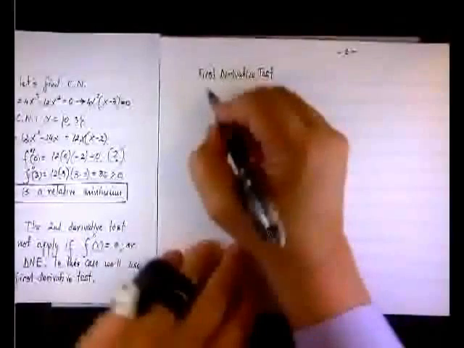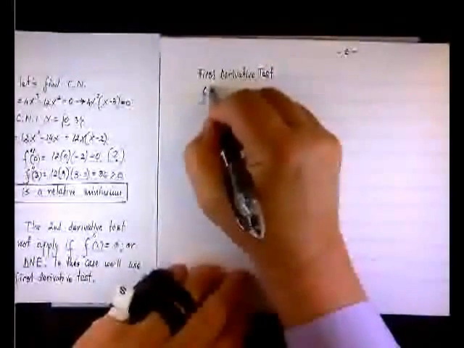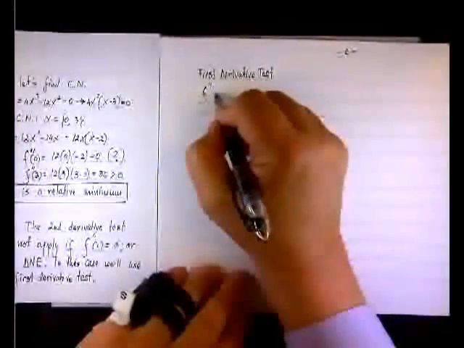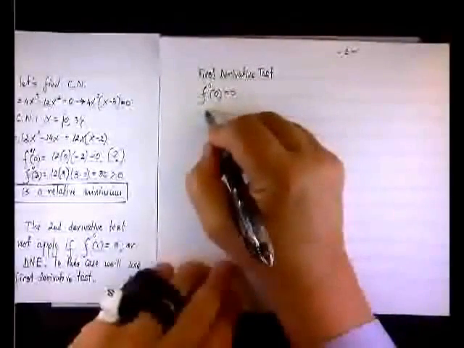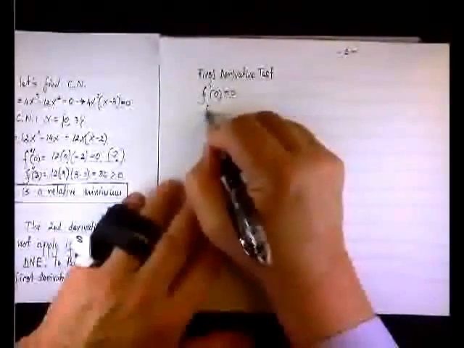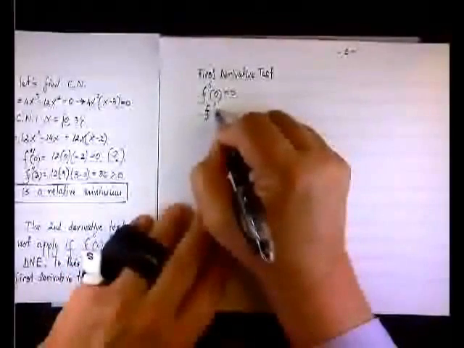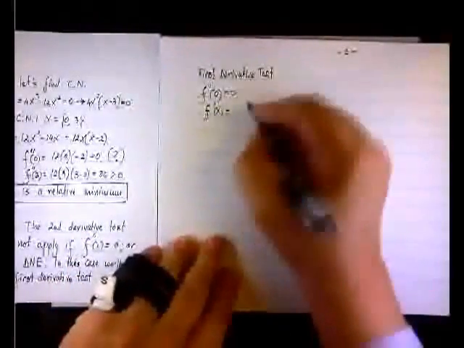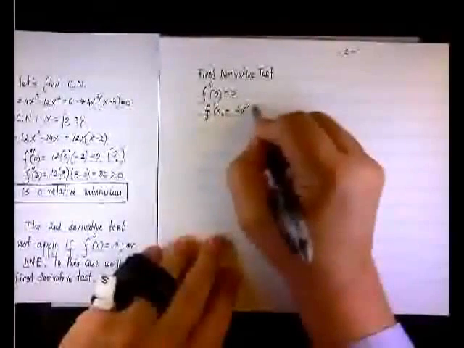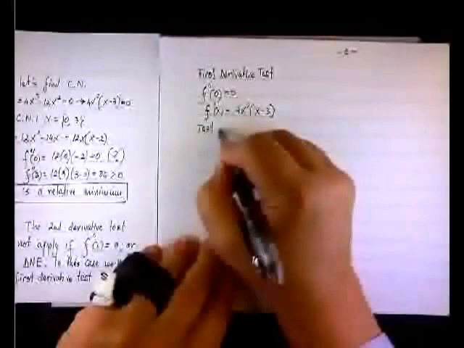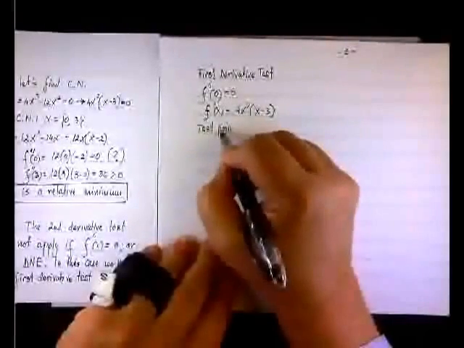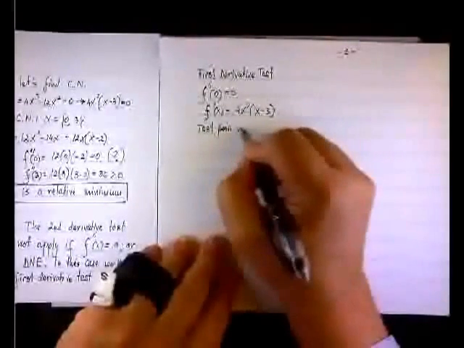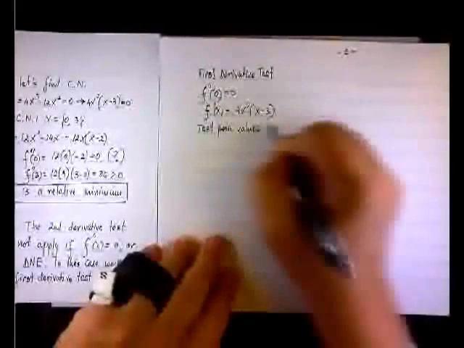So we know that f double prime of 0 equals 0, so we need to check what happened to f prime of x. F prime of x, you recall, is 4x squared times x minus 3. Okay? So we'll take test values.